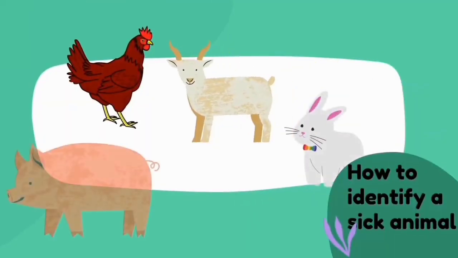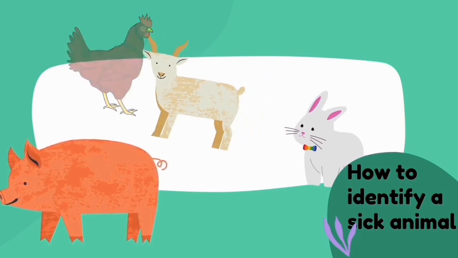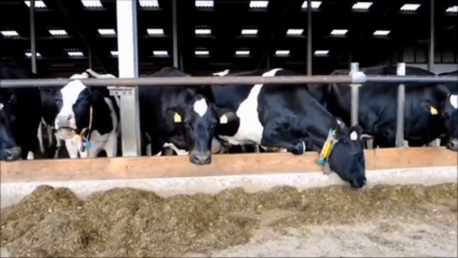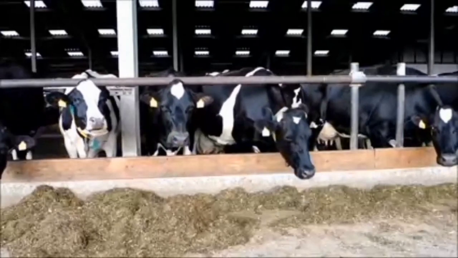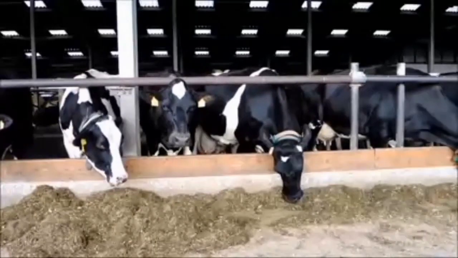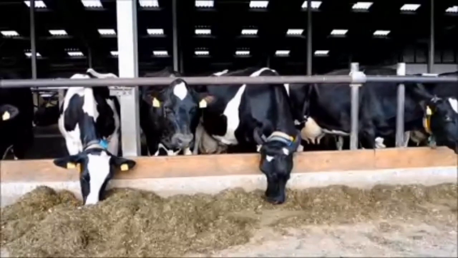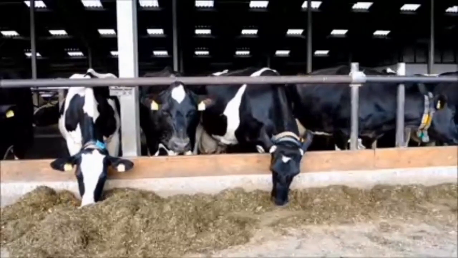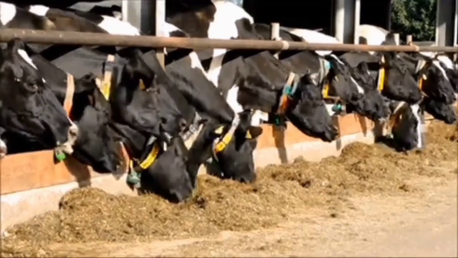Now, how to identify a sick animal. For a person to be able to identify a sick animal, you have to look out for the following signs. One, appetite. The animal begins to have lack of appetite. Secondly, persistent coughing. We have high fever, that is, the animal begins to run a temperature. Also, weight loss.